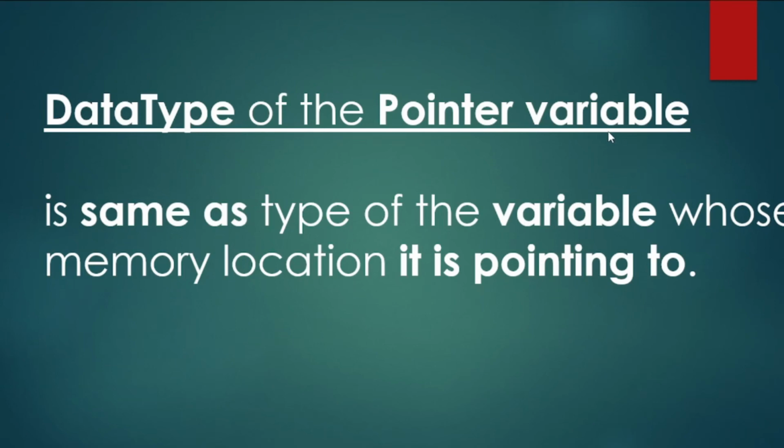The data type of the pointer variable is the same as the type of the variable whose memory location it is pointing to. So it is not always integer, right? Not always numeric. It can be character, double, float, etc. That depends on the memory location to which this pointer variable is pointing. So that should be its type.